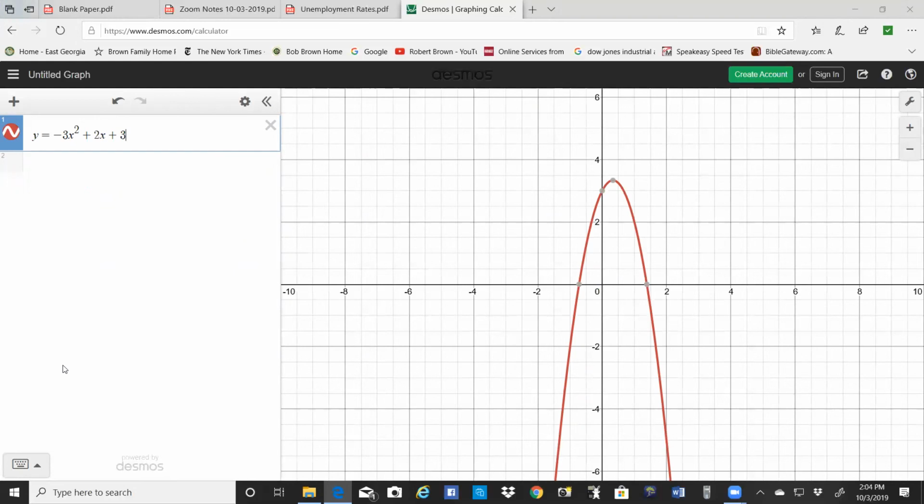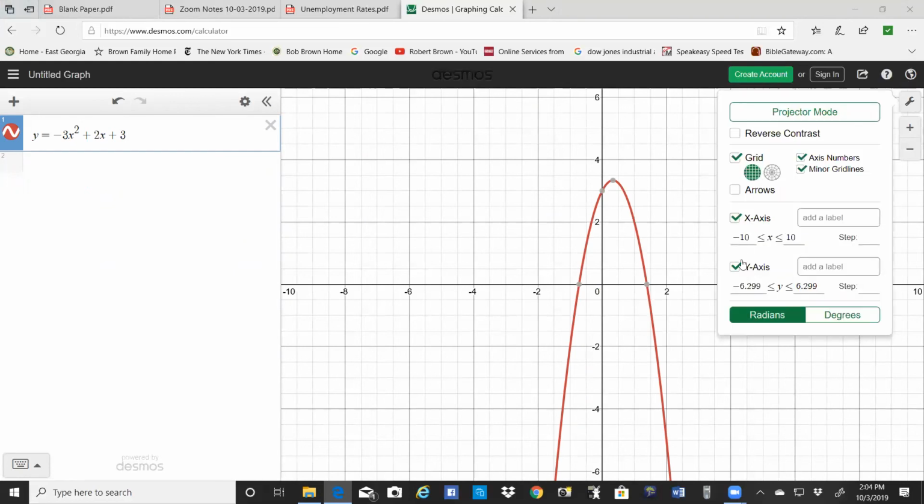And I can put any quadratic I want to. I can adjust the y values it will show on the x-axis and the y-axis. And you can graph anything. Now that's absolutely for free, folks. It didn't exist 4 or 5 years ago.